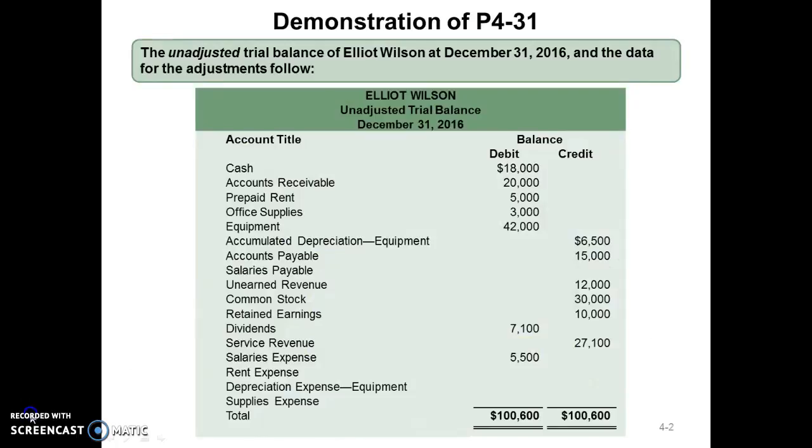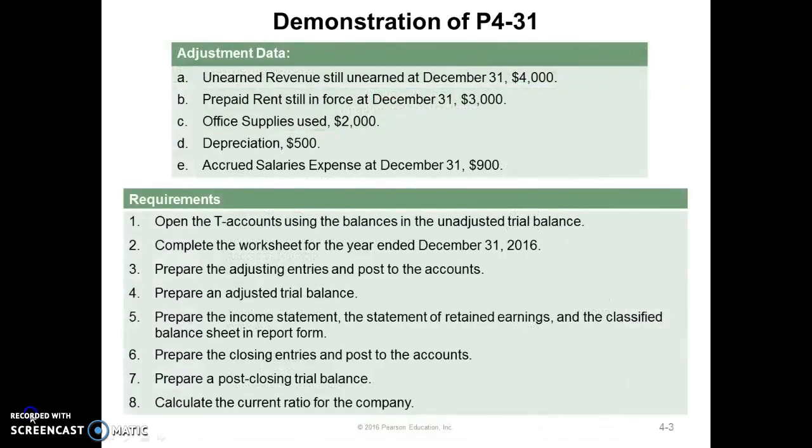So this is just a copy of the unadjusted trial balance, the trial balance without making any adjustments. These are the adjustments we're going to be making, which are A, B, C, D, and E. A is unearned revenue, still unearned at December 31st for $4,000.